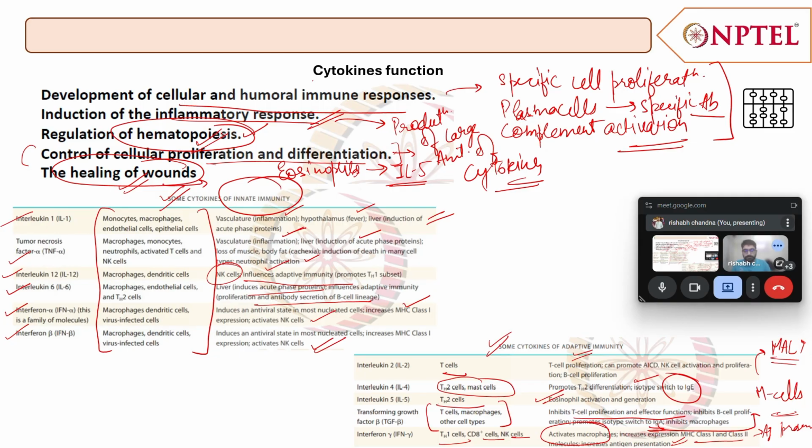Okay, so as you can see here, most of the immune response takes place in our body. Immune response is a simple term, but it has many subtypes. For example, different cell proliferation and its function, different antibody production, then production of the acute phase proteins.